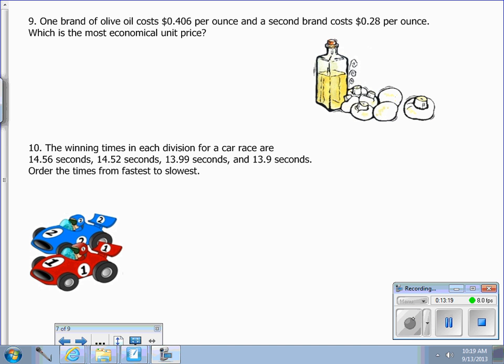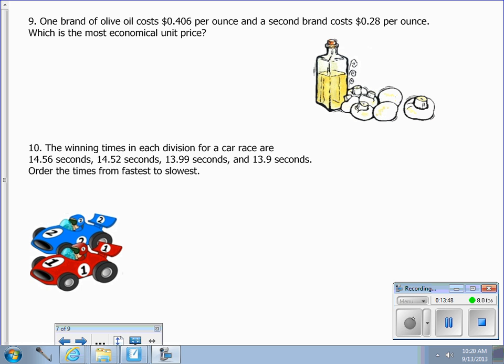All right, using the concepts that we've been doing with comparing and ordering decimals, we're going to use that in some word problems. So 1 ounce of olive oil costs 406 thousandths per ounce, and a second brand costs 28 hundredths, 28 cents per ounce. Which is the most economical unit?